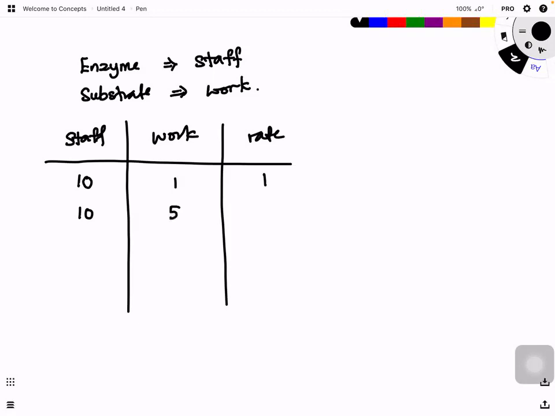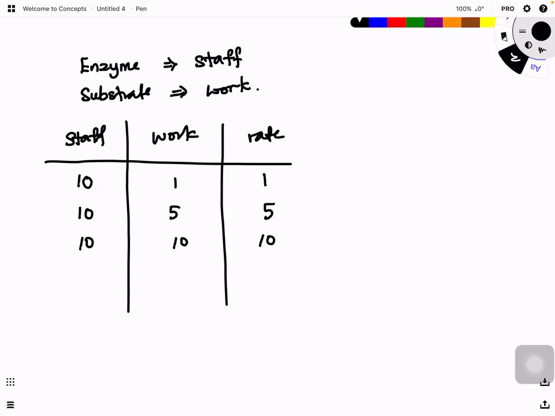So I increase the work to 5. So the rate also will equal 5 because why? Limiting factor is still the substrate concentration, the work here, not enough work to give to my staff. So some of my staff actually remain unoccupied with the work. Okay, so I continue to increase my work until 10. Then I increase the rate to 10. Why? Because at this moment, you can see that all of them will have the work already.